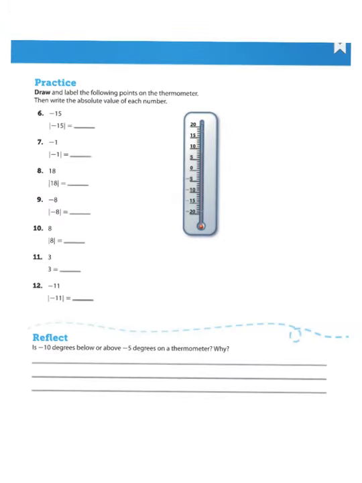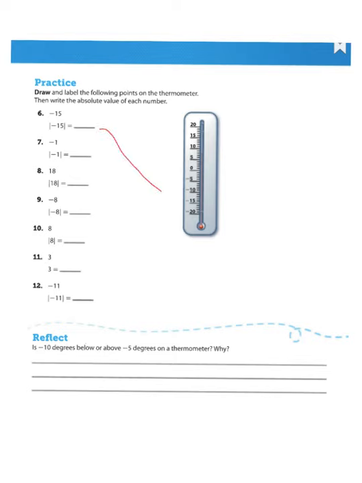On the practice, it also says draw and label the following points on the thermometer and then write the absolute value of each number. A reminder about absolute value: when you have a negative number, you're turning it into a positive. When you have a positive number, it's going to stay positive. So a negative 15.